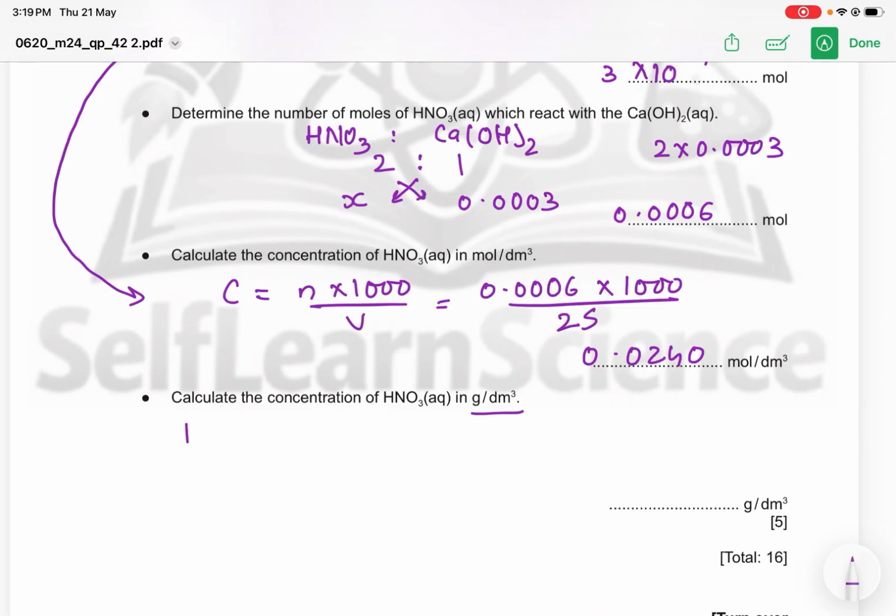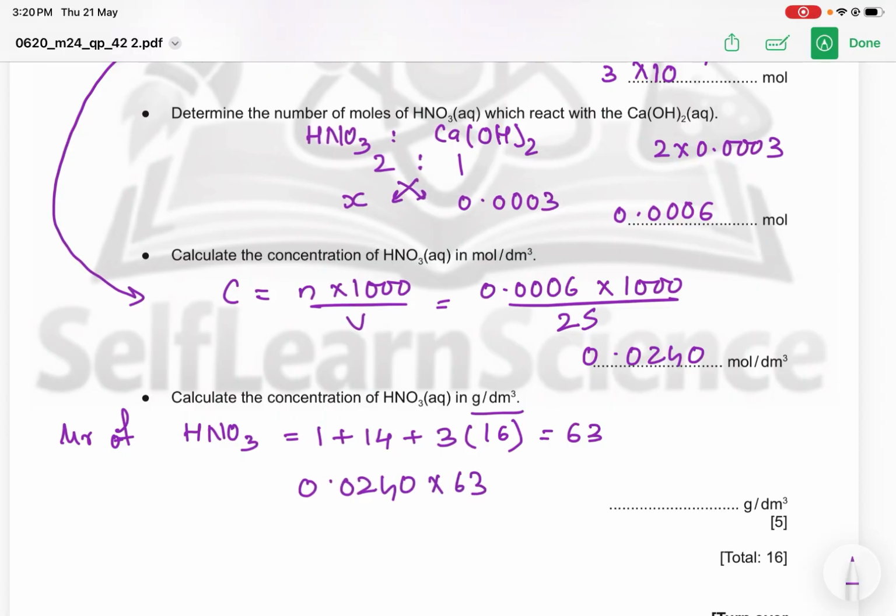So first you will have to find Mr of nitric acid, which is for hydrogen it is 1, for nitrogen it is 14, and for oxygen it is 3 oxygen atoms, 3 into 16, which is going to give us 63. So 0.0240 into 63 will give us 1.512 grams per dm cube.